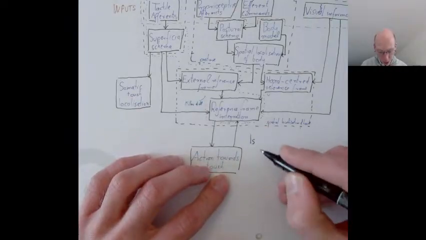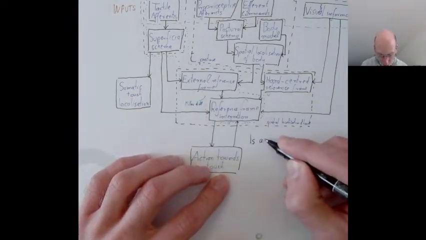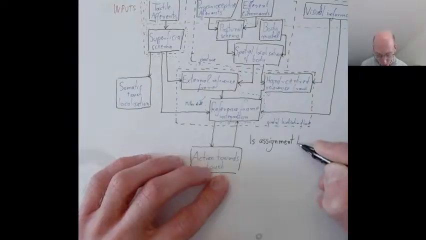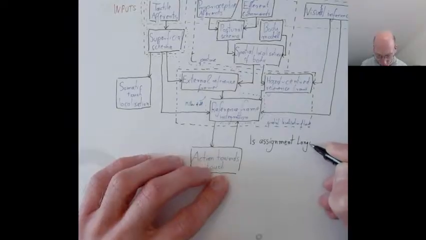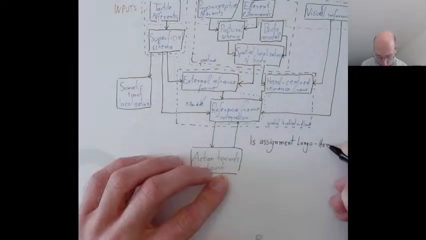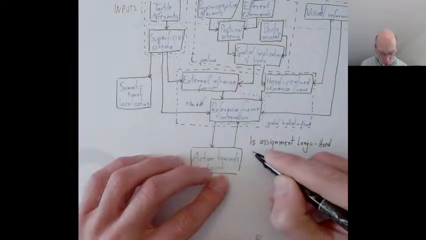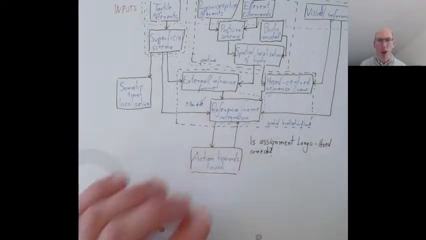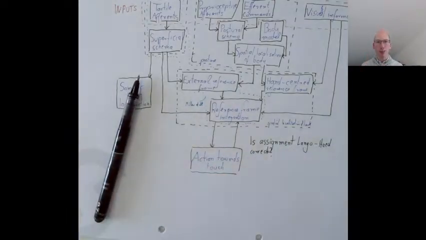Can you read this? Yes, you can. Is assignment Longo head correct? And what I mean by that is, is my understanding of the model really correct?